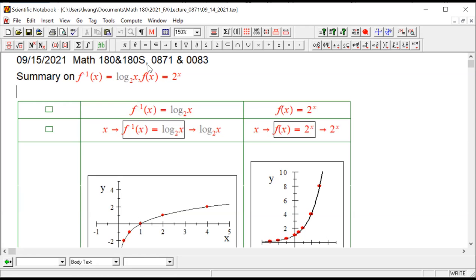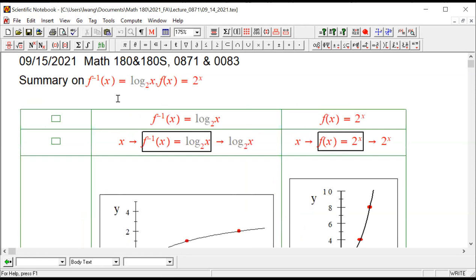Now, remember that property we talked about earlier, which is the one-to-one function. We did that with 1 over x. So this time I'm going to do this again.